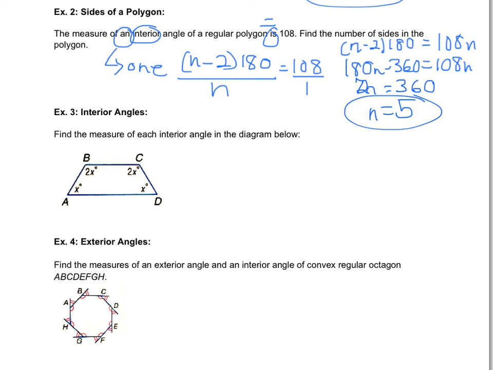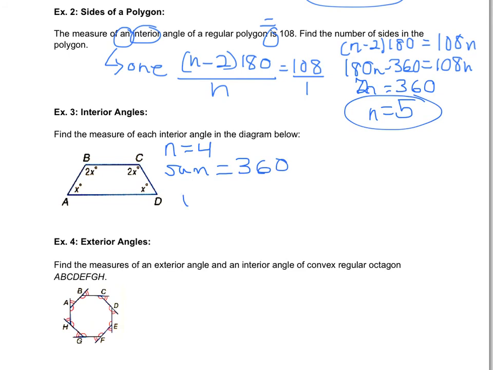Next example is interior angles in this diagram that's given to us. What I can do to start this problem off is realize that this is a four-sided figure, so I'm going to be working with an n value of 4 here. They want to know, find the measure of each interior angle. Well, we're going to work off of first what we know, that the sum of any four-sided figure's inside angles is our magic number 360.